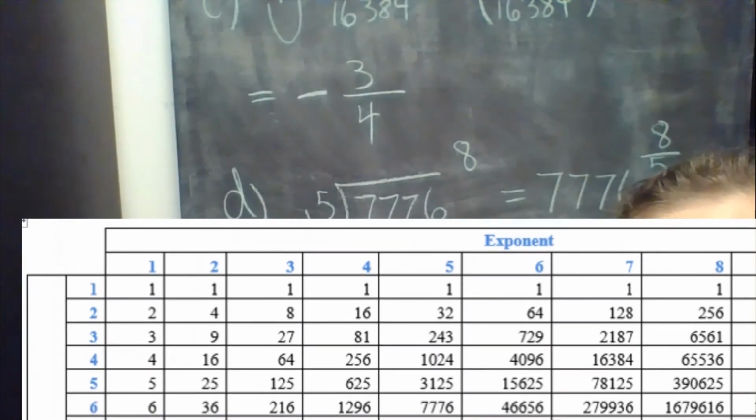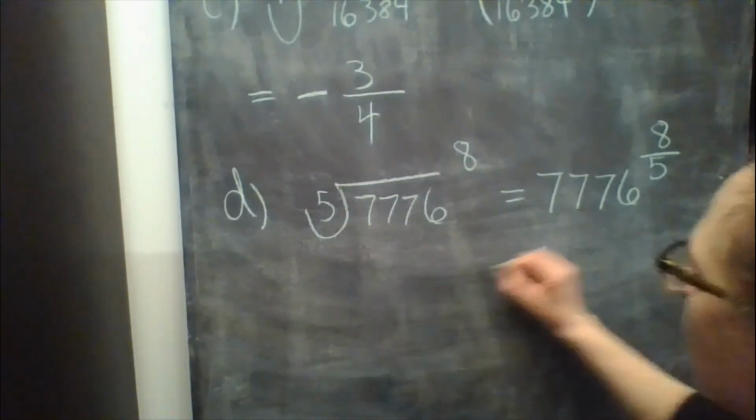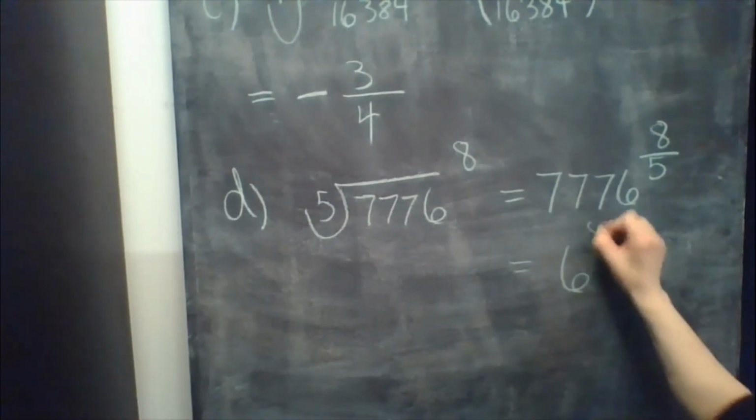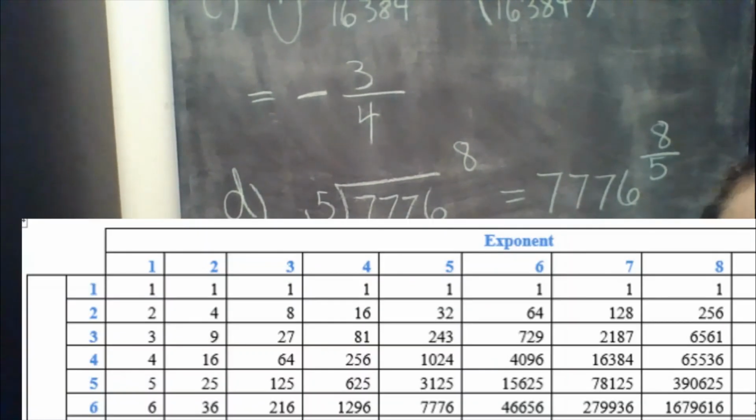There is 7776. So that's 6. So that gives me 6 to the exponent 8. And 6 to the exponent 8, let's look that back up. 6 to the exponent 8 is, oh, that's a big number. 1,679,616.